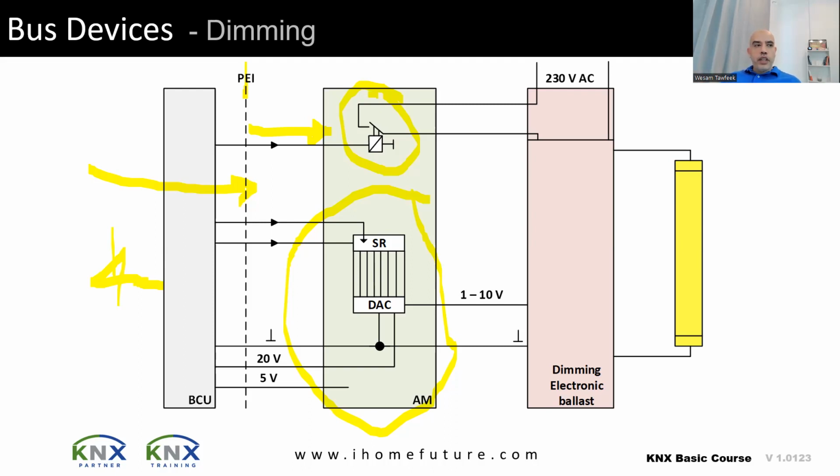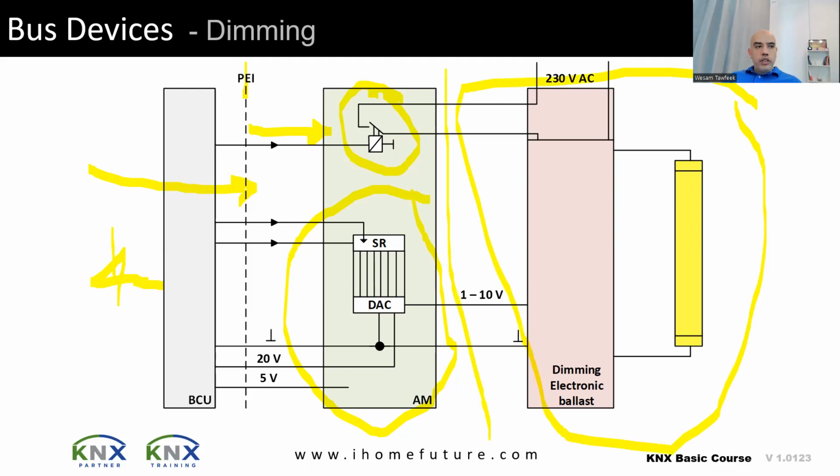And from here, from the shift register and the converter, I can pass parameters and voltage that will allow the light to go on to a specific value or off to a specific value. So this is the load part, and this is the KNX port, the one on the left.